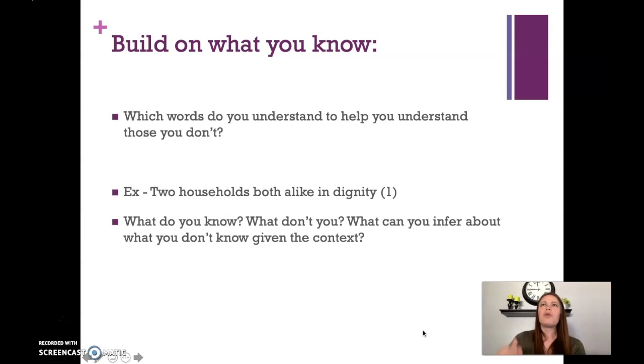So then you go, okay, respect has to do with a level of importance, and it has to do with rank, right? You respect those who are at a higher rank. And so then we could say two households both alike in rank. Okay, so then maybe they're on the same level in terms of respect within the community or financially or whatever. You guys see how we worked there? And that is what it means. It means two households both alike in dignity. It's like they're on the same level.